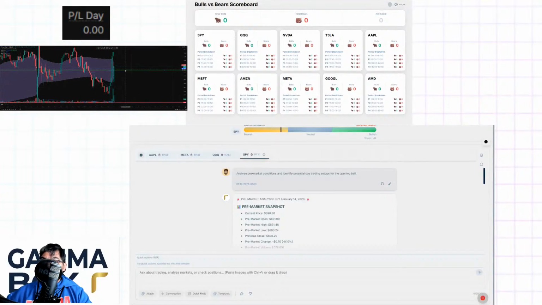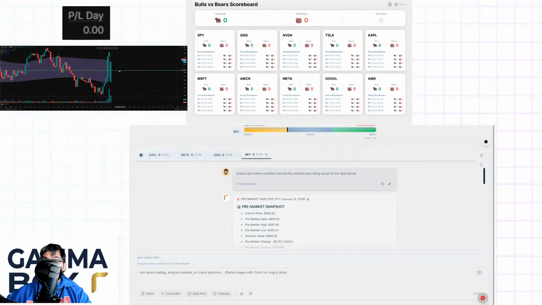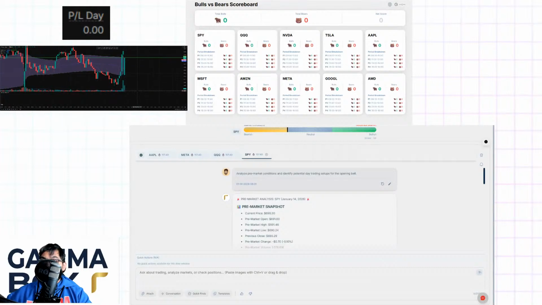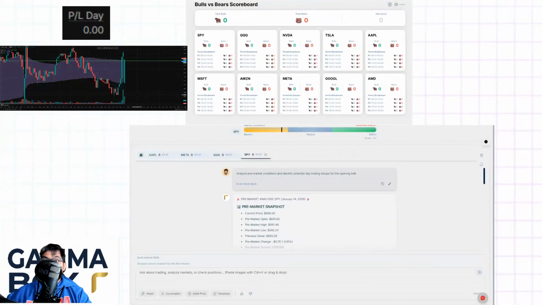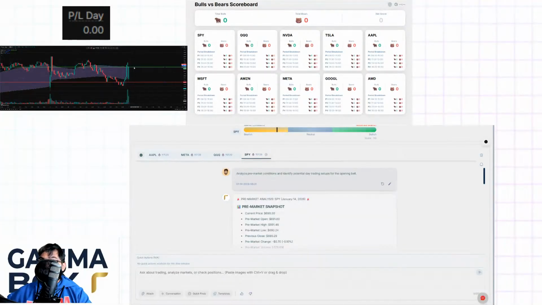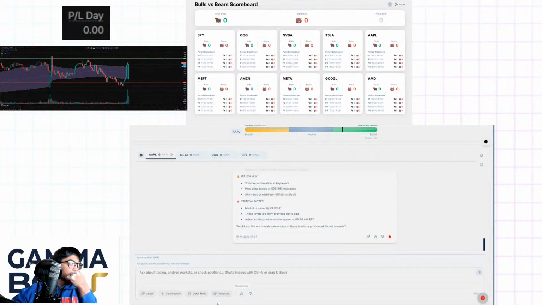Apple's looking pretty strong today. All right, so let's look at Apple.